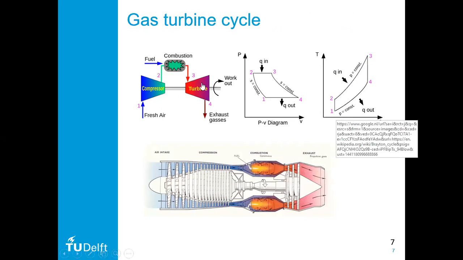This is normally limited by the turbine inlet temperature, T3, which is limited by the materials and the cooling. We saw that last time. That's a very important part in the development and the efficiency of your gas turbine. Then you expand between 3 and 4 in the turbine, and you still have hot gases available at 4. So this is the cycle we have to do here.